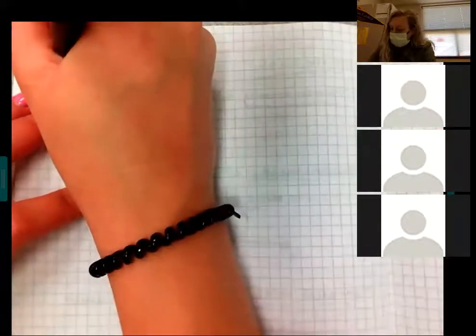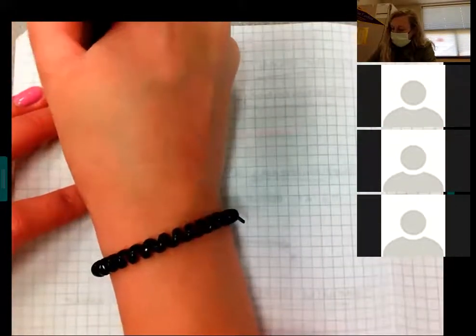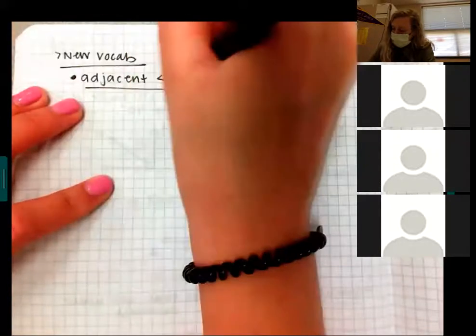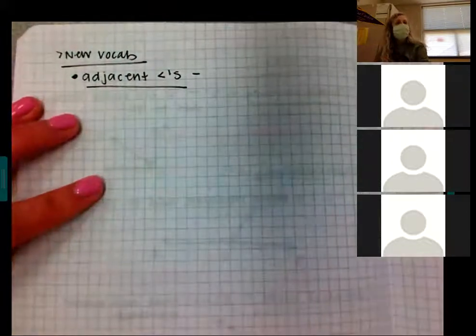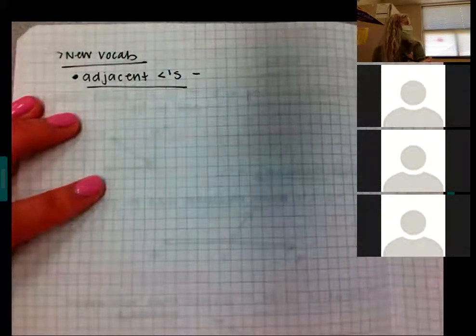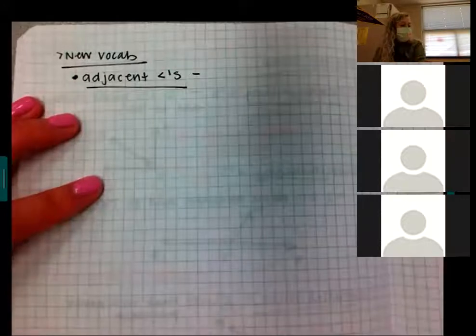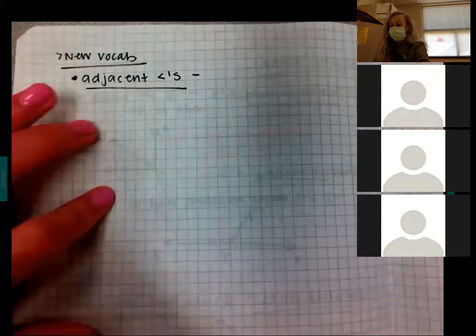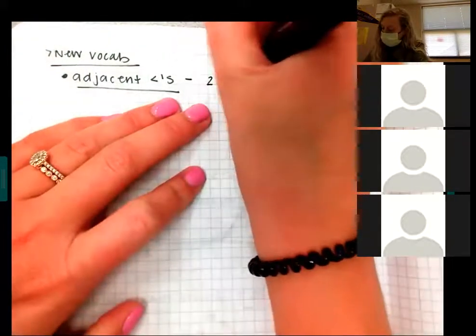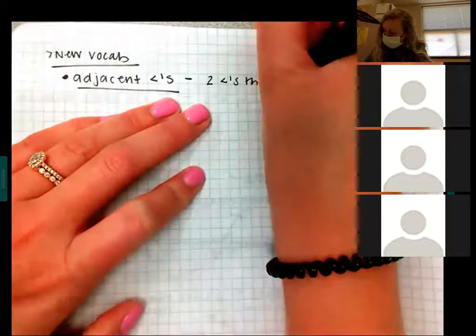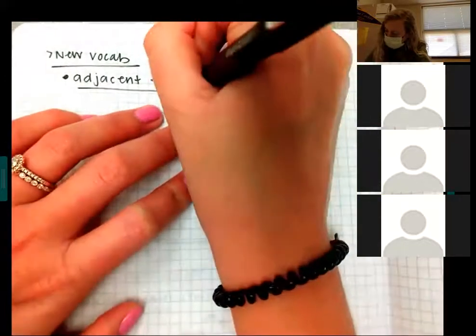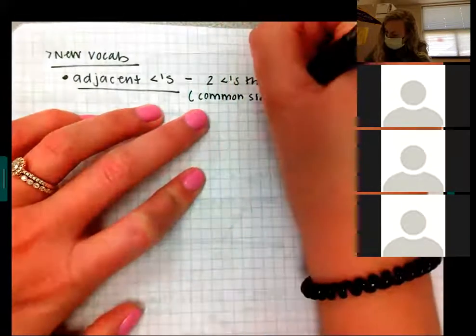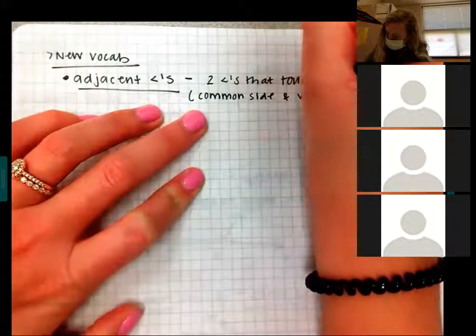So new vocab, first thing, and I really feel like y'all will be fine with this one. Adjacent angles. What does the word adjacent mean? Beside. Yeah, it means touching. So adjacent angles are just two angles that have a common side and vertex, which means they touch. Two angles that touch. So they have a common side and vertex.